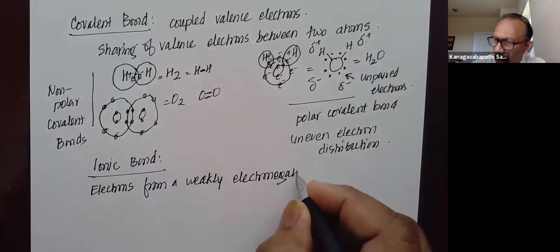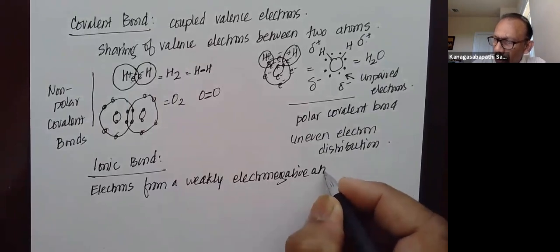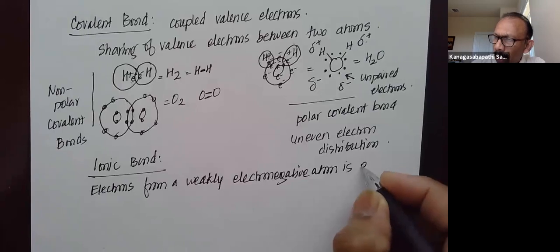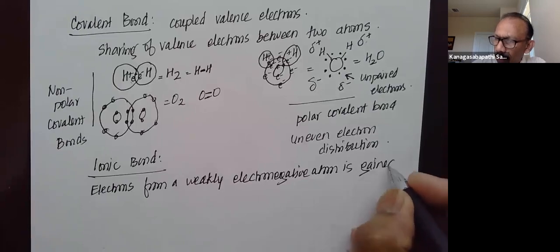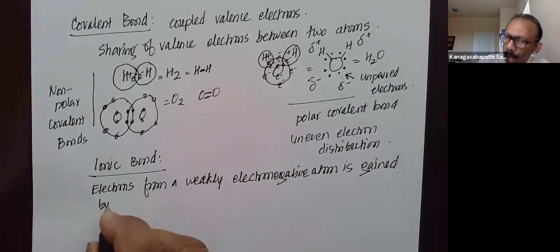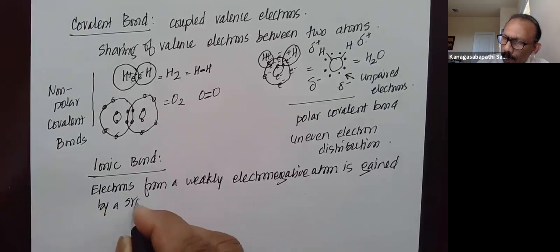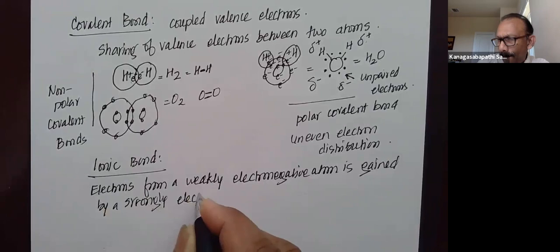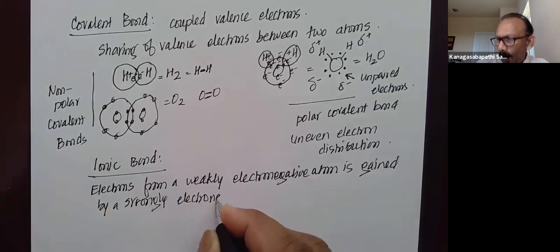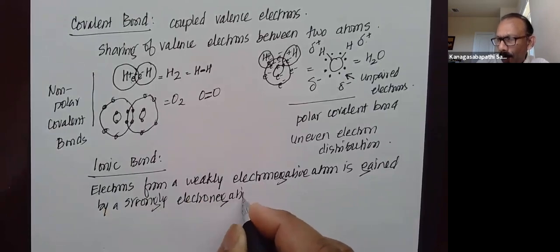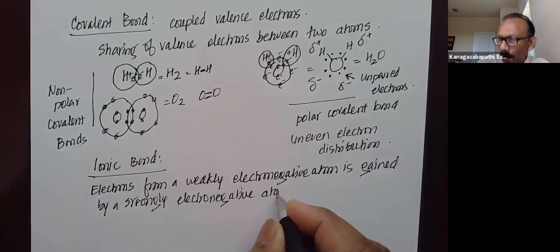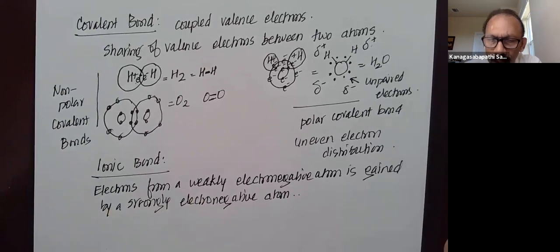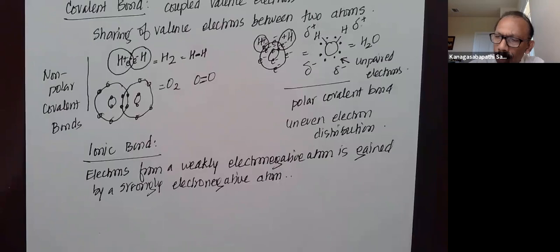The electron is gained by a strongly electronegative atom. In the example we see here, they are not sharing anything. They're just grabbing from another one, okay?